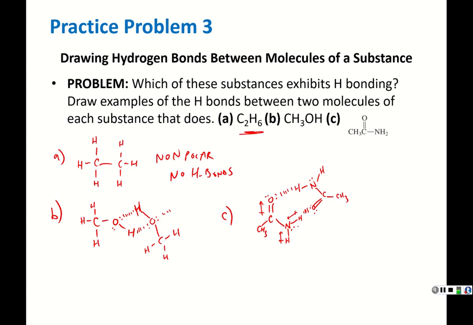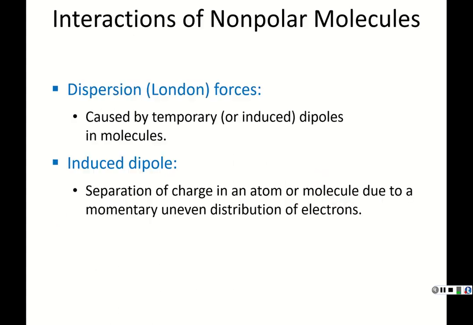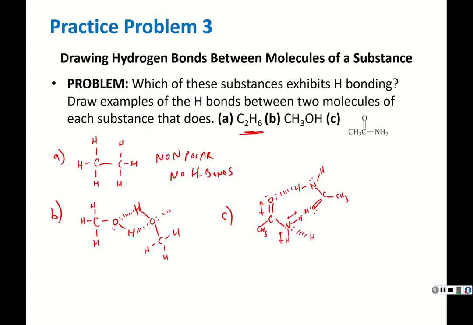This nitrogen also has lone pairs, so it can undergo hydrogen bonding with a hydrogen that's on another nitrogen on a separate molecule as well. So there are many different combinations in this molecule for hydrogen bonding.